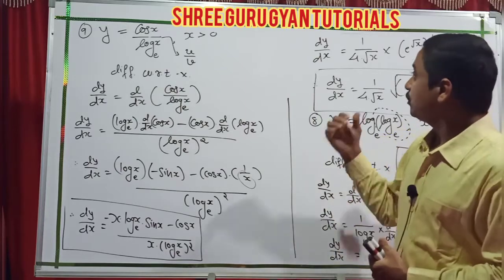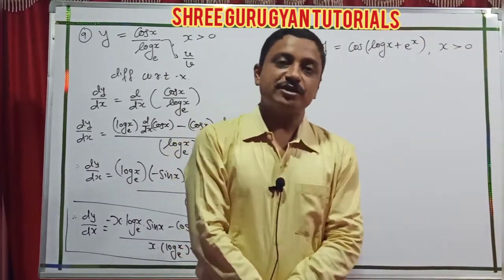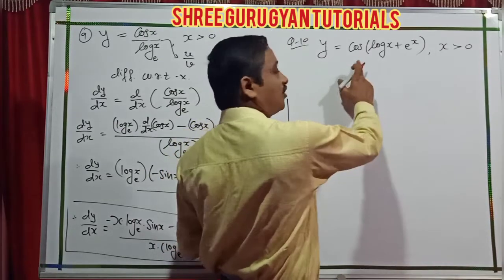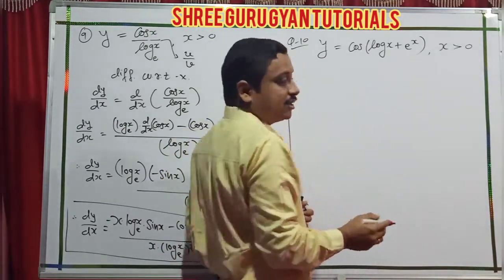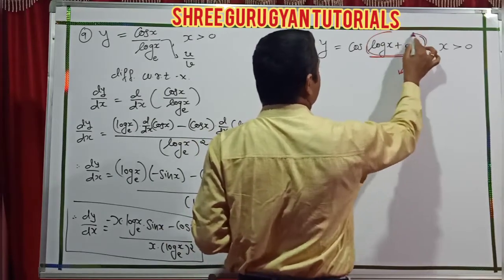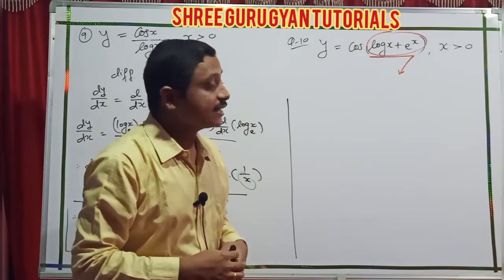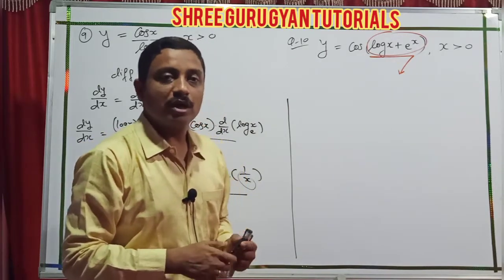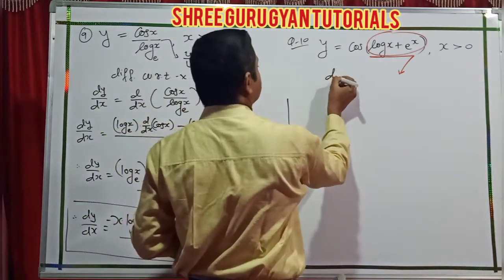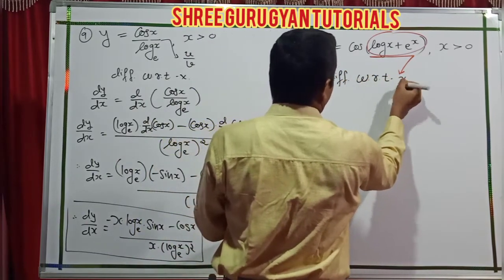Now I move ahead, question number 10. Similarly students, question 10, cos of log of x plus e raised to x. Students, in this case we assume that it is a composition function, log x plus e raised to x. So I start the differentiation with respect to x.